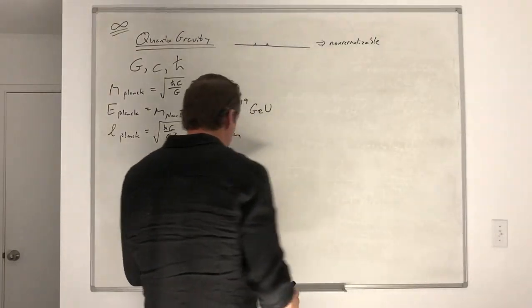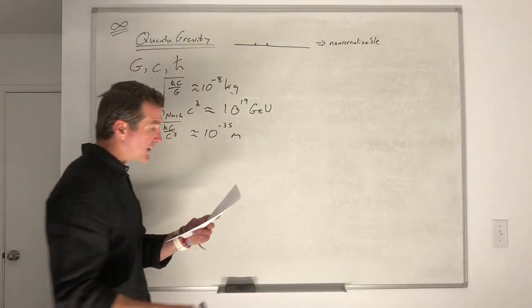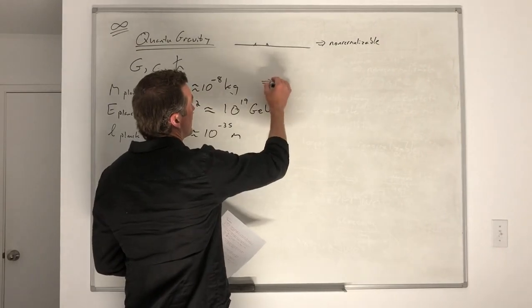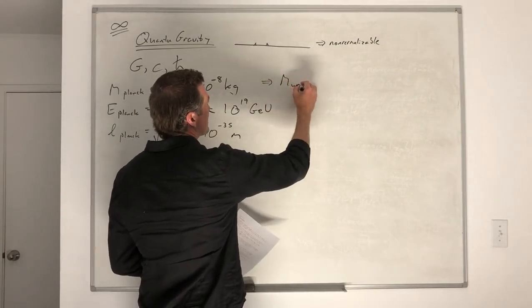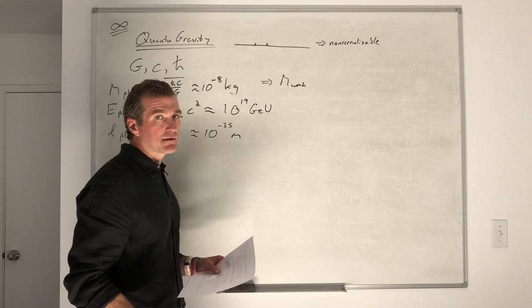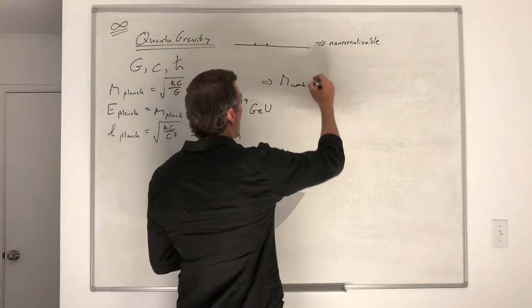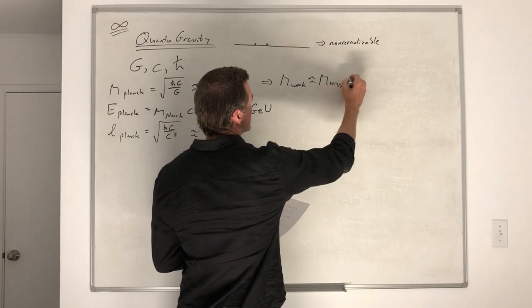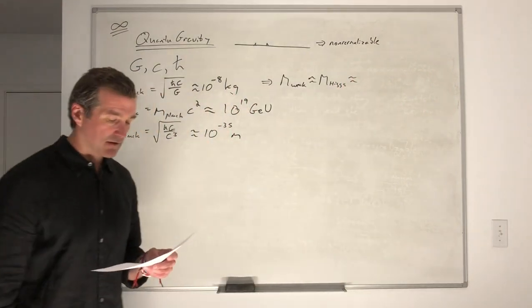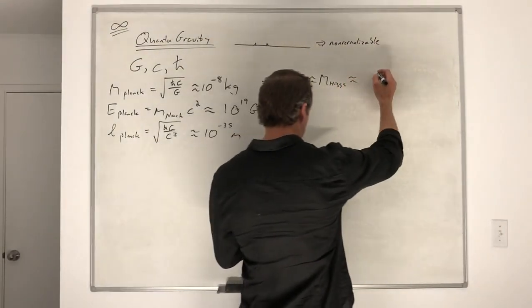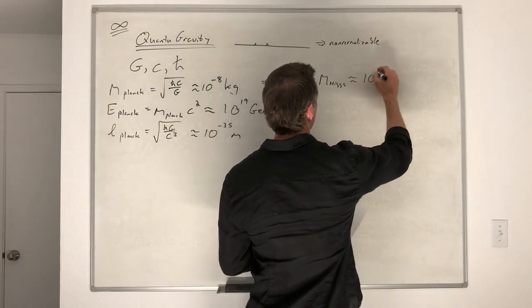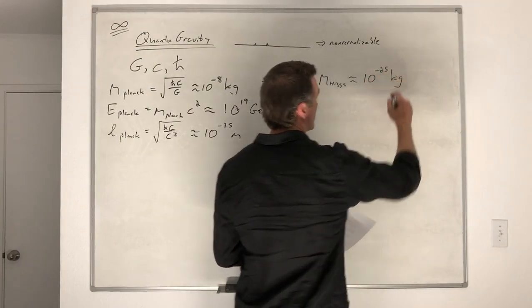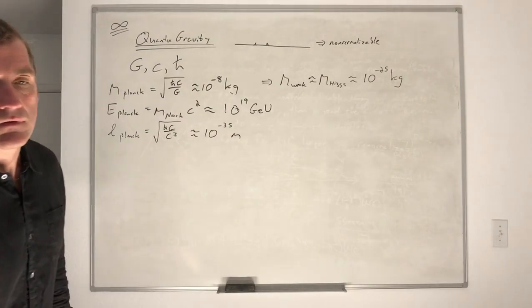But just to give you an idea, the largest mass scales we have ever encountered in the standard model are either the weak scale or the Higgs scale. Those are both at about the same range. And those scales are 10 to the minus 25 kilograms.